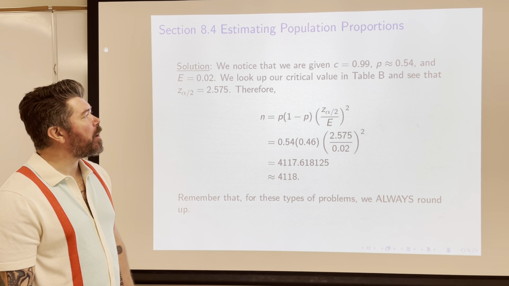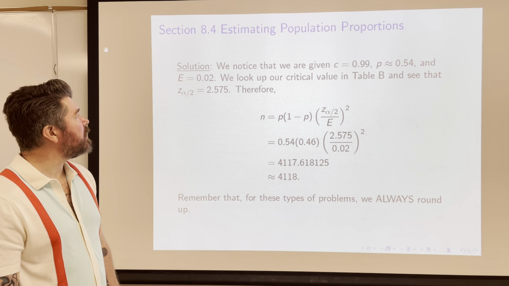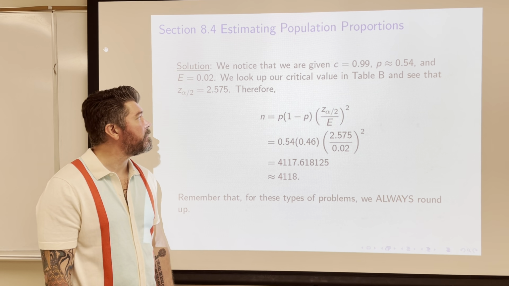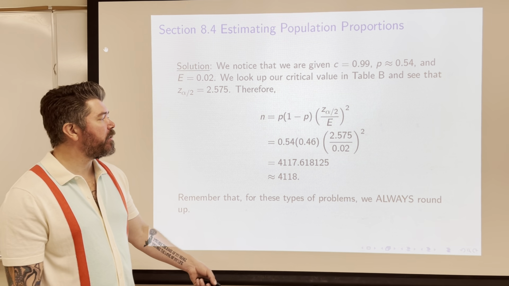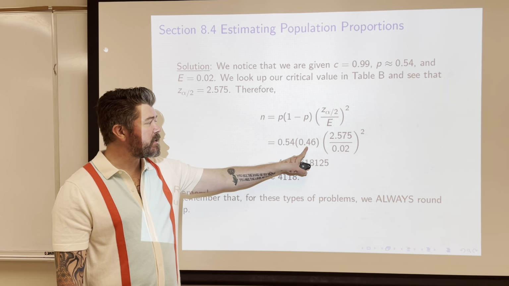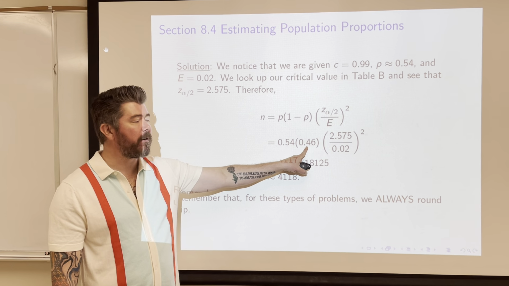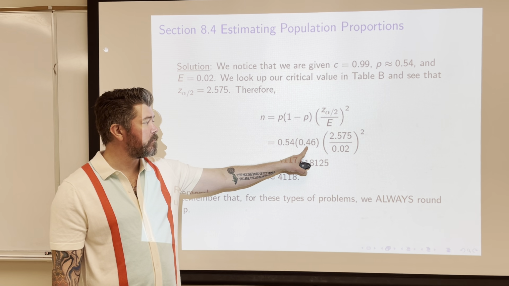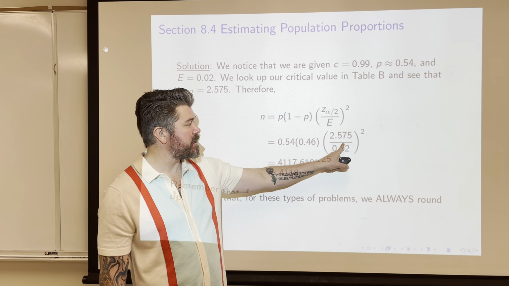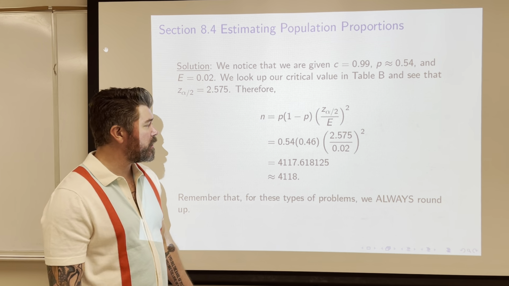We look up our critical value in table B and see that our critical Z value is 2.575.